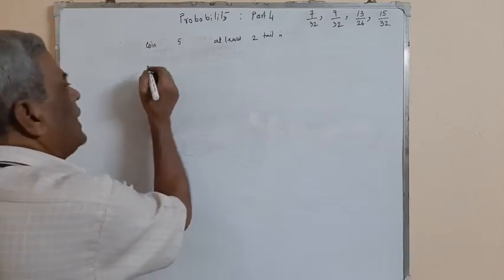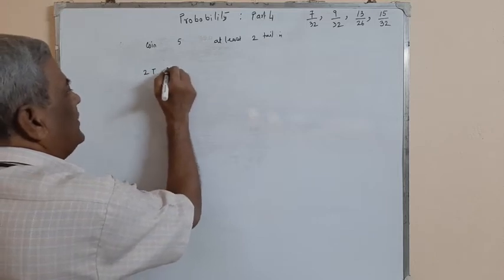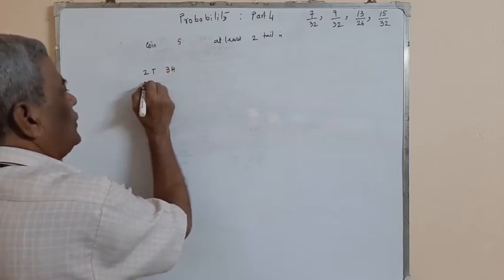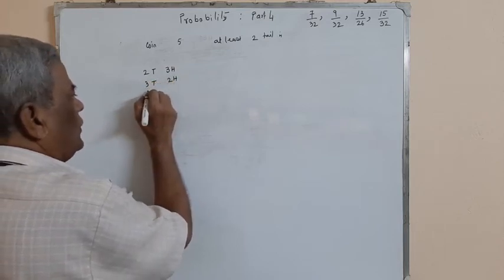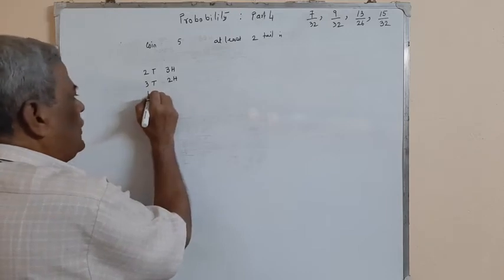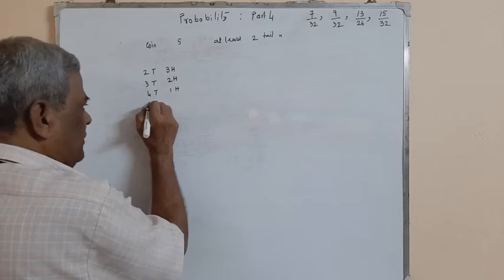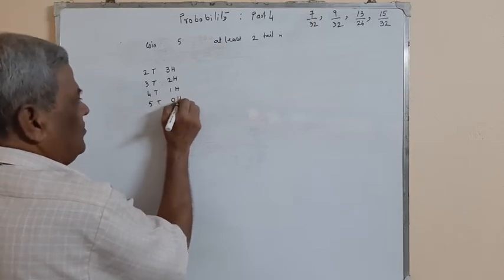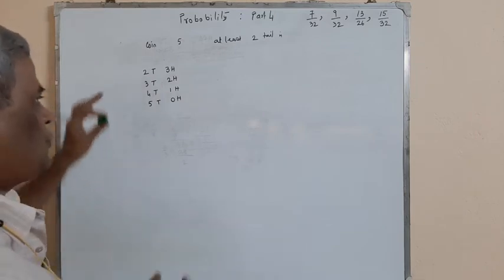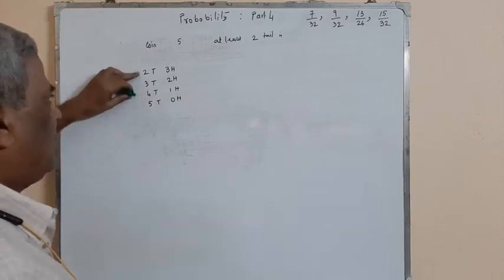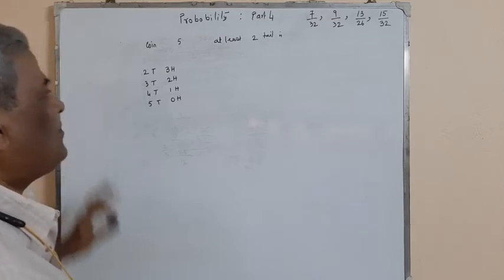That is, we have to find two tails and three heads, or three tails and two heads, or four tails and one head, or five tails and no head. These are all cases to get at least two tails. They are two tails or more than two tails.